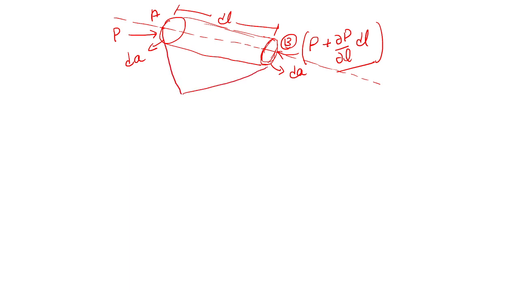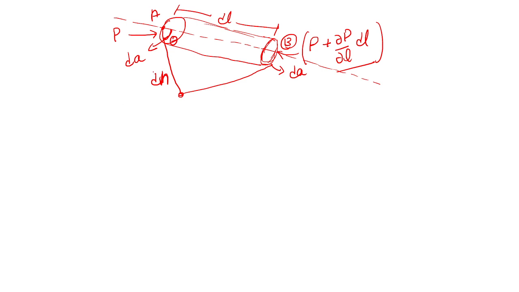The lower face is touching the ground, and there is a slope. Because of that slope there is a difference in height between face A and face B. Let's say that small height is dh, and the angle made here is theta. So now what is clear to us? The height difference, the area of cross section, the pressure acting on the different faces, and the length.